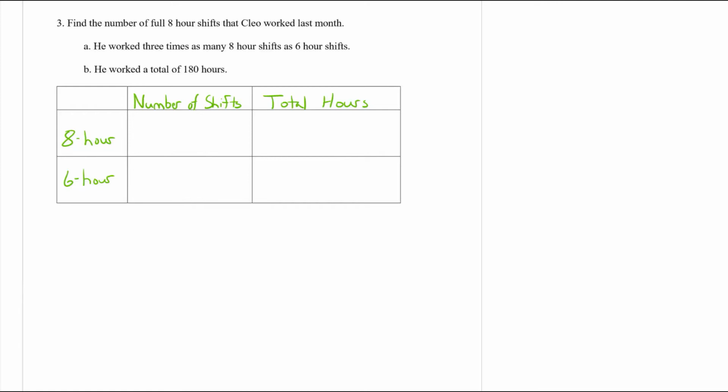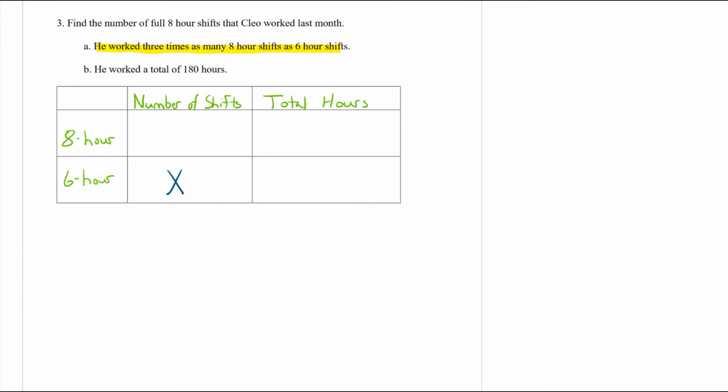So in this case, I'm going to think about the fact that we have 8-hour shifts and 6-hour shifts. In the first part, A, it says he worked 3 times as many 8-hour shifts as 6-hour shifts.